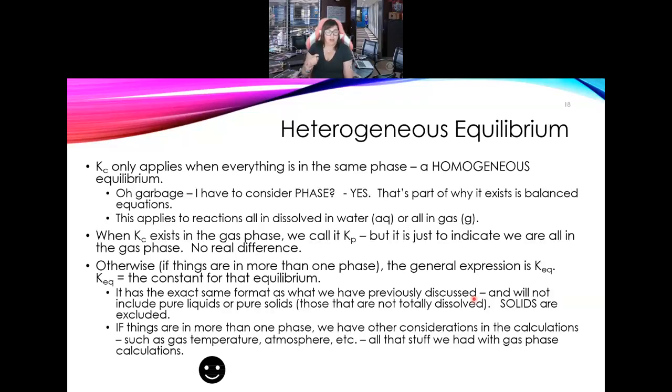Heterogeneous equilibrium. Now, the concentration equilibrium constant only applies when everything is in the same phase, a homogeneous equilibrium. And it has to be in a particular place, usually a solvent, but not necessarily water. So, I have to consider phase? Yes, absolutely you do.